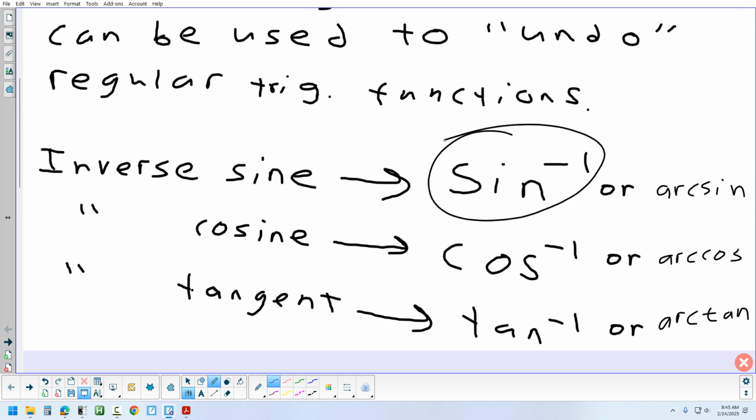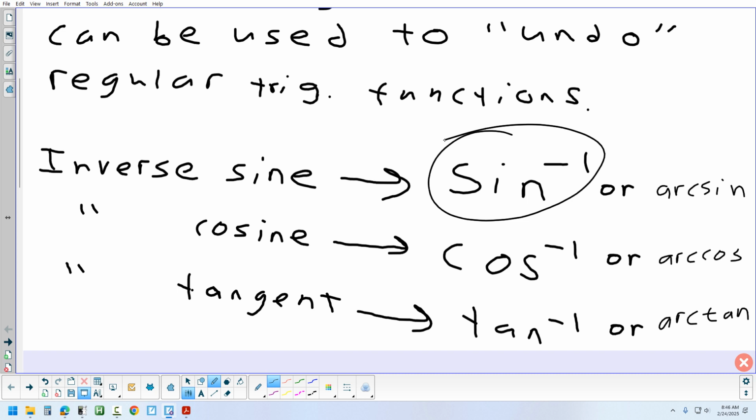It does look like an exponent, but it has nothing to do with that. When you write a trig function and put a -1 up a little bit higher, it just means inverse sine. It's a special symbol for inverse sine.